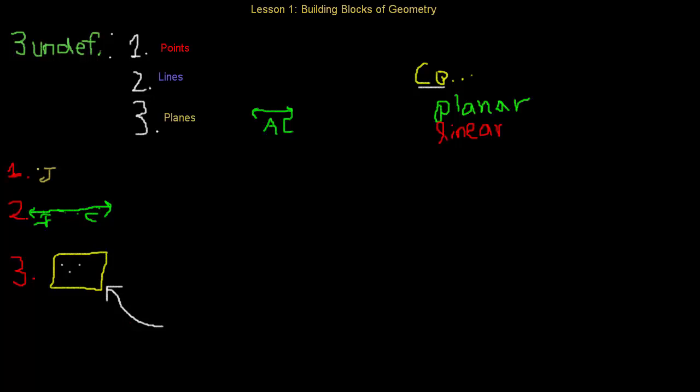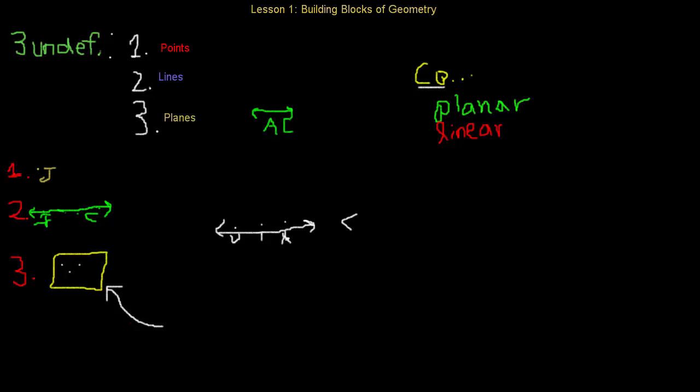Collinear is the same logic: with, in the same line. Co meaning with, linear meaning line, same line. So we can talk about three collinear points, J, I, A. And the way that they're collinear is that they all are part of the same line, right?